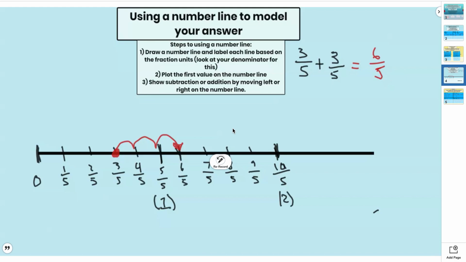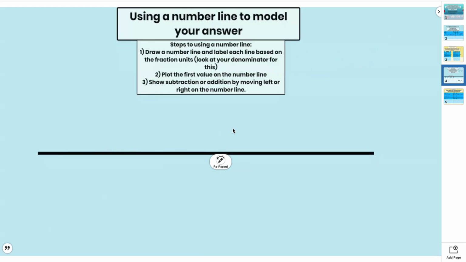Let's try another one. So this time, we're going to do subtraction. We're going to start out with 7/4 minus 3/4.